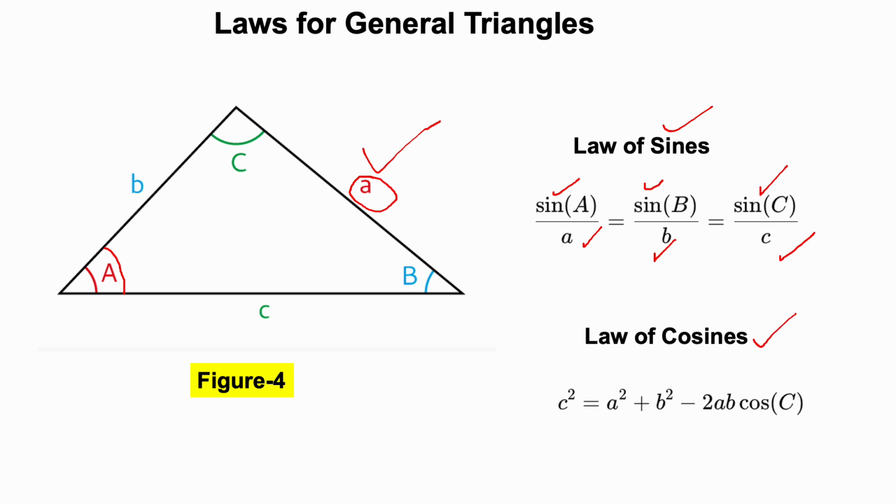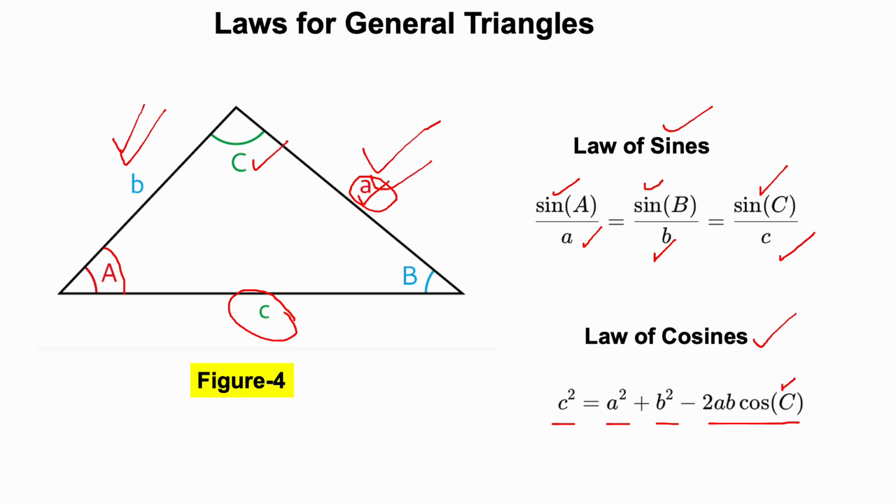Let us say you know A and B and your aim is to find the value of C. Then you know the value of A and B, and your included angle is C. So, the law of cosines says C squared equals A squared plus B squared minus 2AB cosine of angle C.